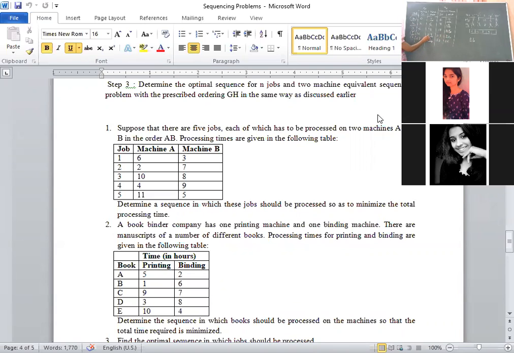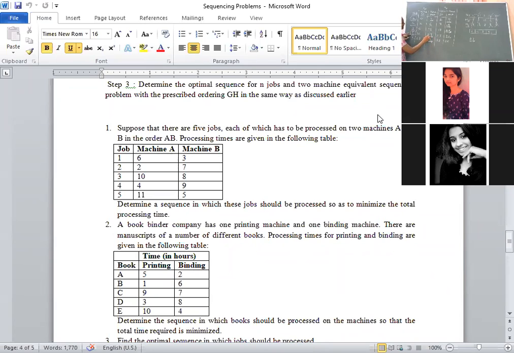Right now, why have we taken this 27 here? Why not 26? To perform the third job on machine B, it took till the 26th hour. To perform the fifth job on machine A, it took till the 27th hour.